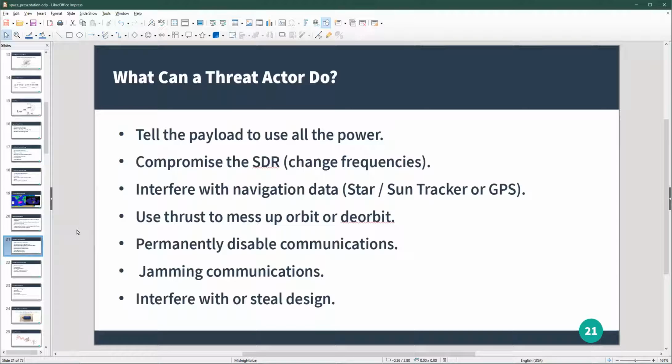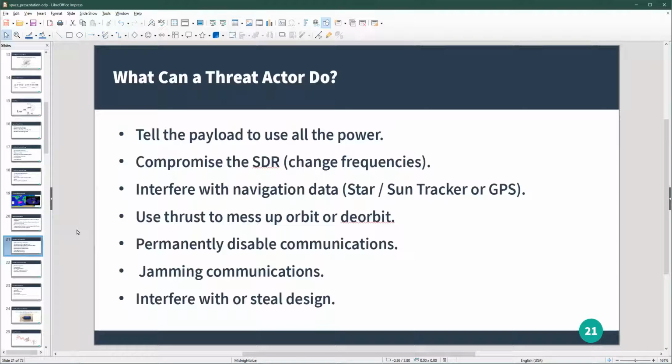You can permanently disable communications by reprogramming the computer or something. Of course, we already talked about jamming. You cannot use certain anti-jamming technologies in space for various reasons, unfortunately. For example, on drones, you might find something like a frequency hopping spread spectrum system.